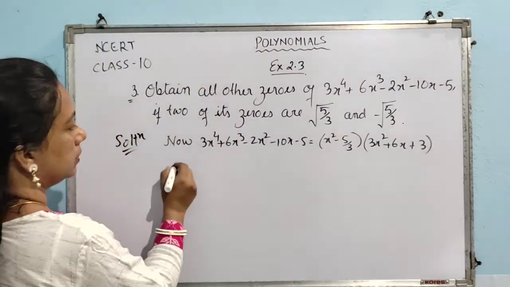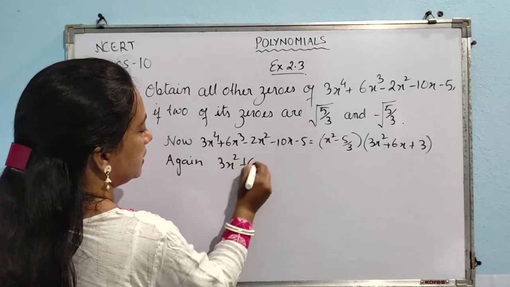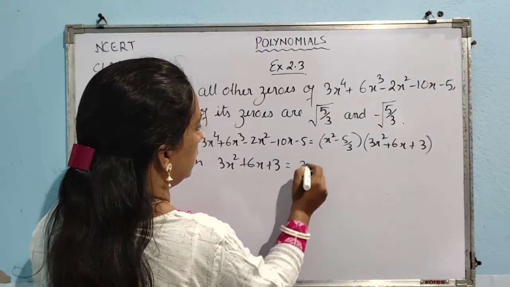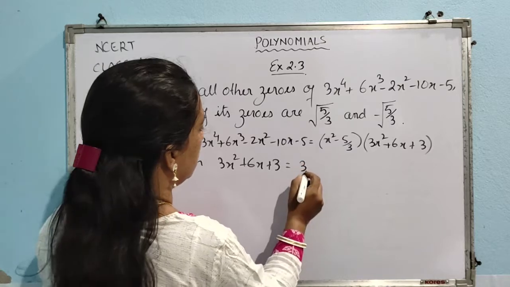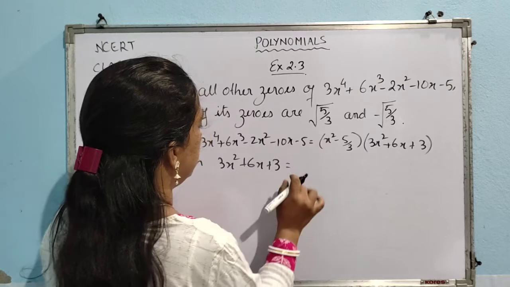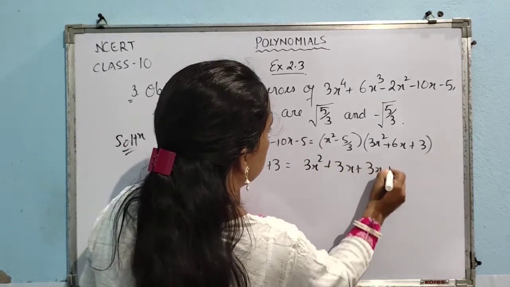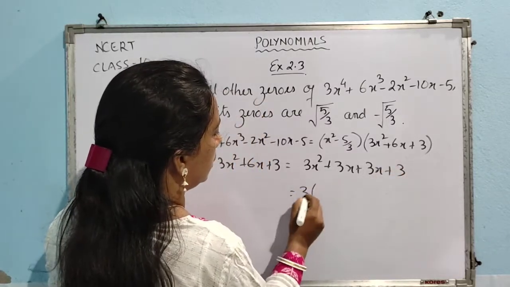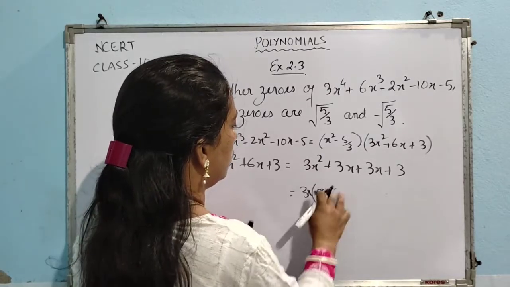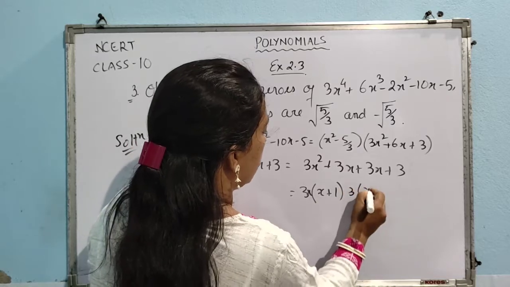So we can write again 3x square plus 6x plus 3 is equal to 3x square plus 3x plus 3x plus 3, since 3 times 3 is 9. Taking 3x common, 3x into x plus 1, and again 3 common, x plus 1.